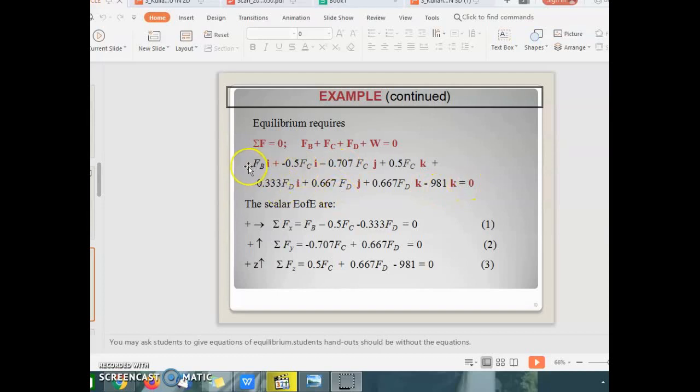And then group all the i components in one equation, which is summation of Fx equal to 0. And then for j, the component of summation of Fy, which is equal to 0. And in the component of k, summation of Fz, this is also equal to 0.